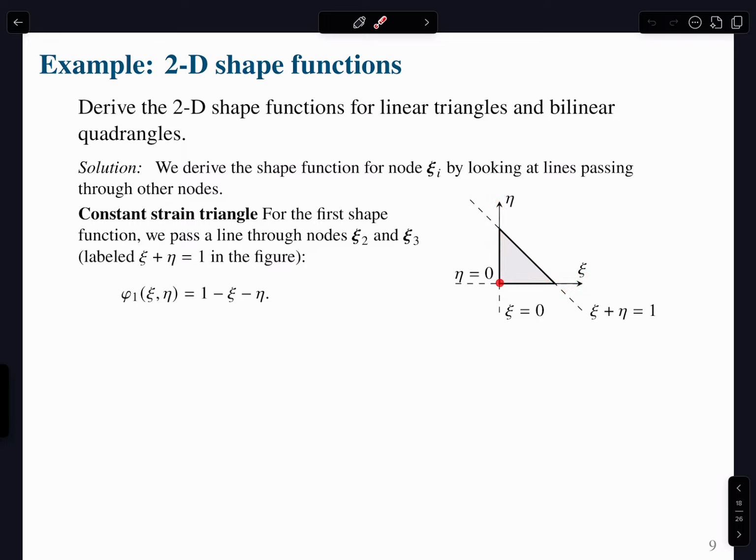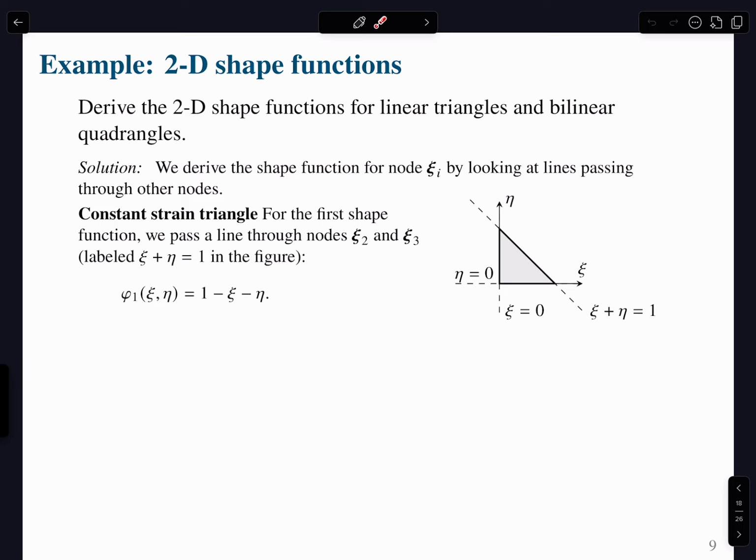So this is going to be my first node, xi, eta equals 0, and then this is going to be my second node, xi equals 1, eta 0, and this is going to be my third node, which is xi 0, eta equals 1, right?